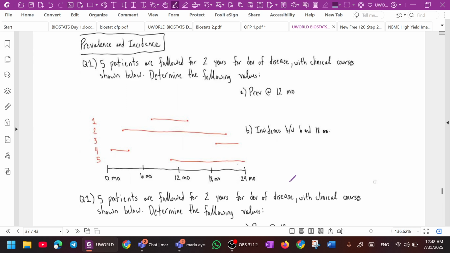Patient number one falls in this category and died in this category, isn't it? In this patient, yes. And which other patient? In between 6 to 18 months, there is a patient who has the disease and he died within the 6 to 18 months. So they should be considered in the incidence.